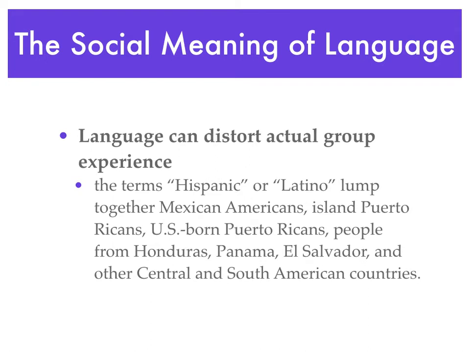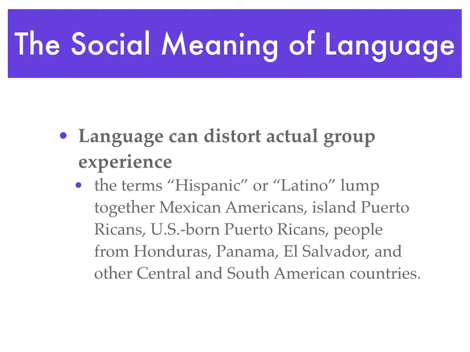Language can also distort actual group experience. So I know that for myself, it's always really difficult in my research when I want to look at Hispanics. I don't really know, should I use the word Hispanic? Should I use Latino? I know on campus at BGSU there's a big dialogue about whether it should be Latinx to represent both Latino and Latina.